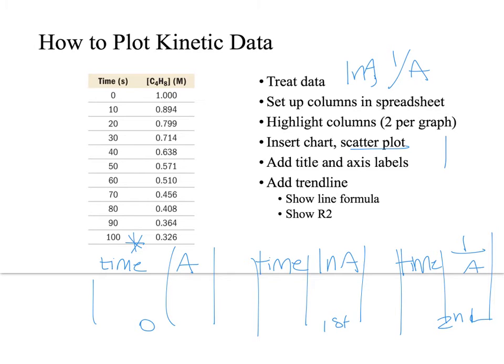That first one is going to give me A versus time. Then I put in the title and the axis labels. The more important part, though, is to add the trend line. And this is where we get the line formula, y is equal to mx plus b. That is going to allow us to work problems. And we also show the R squared.